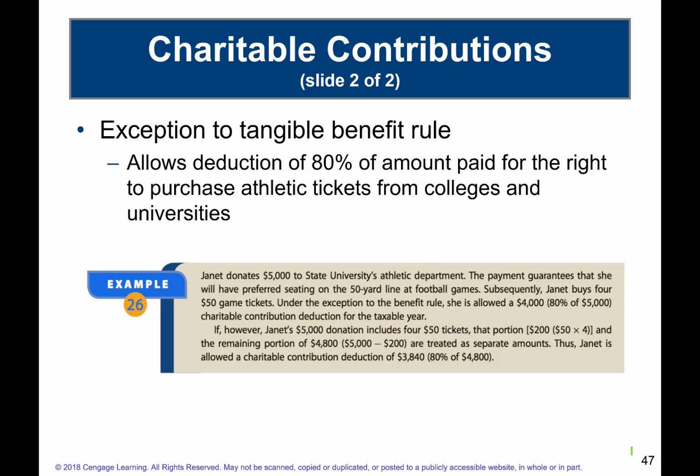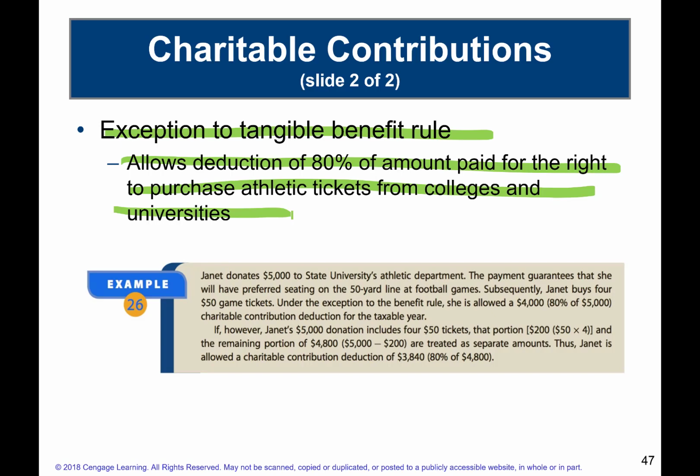So you come over and you take a look at the exception to the tangible benefit rule here. Okay, what happens? Let's say that I go ahead and I give a contribution to, say, the university, and that contribution, say $10,000, whatever, gives me the right to buy 50-yard line tickets to the football games.